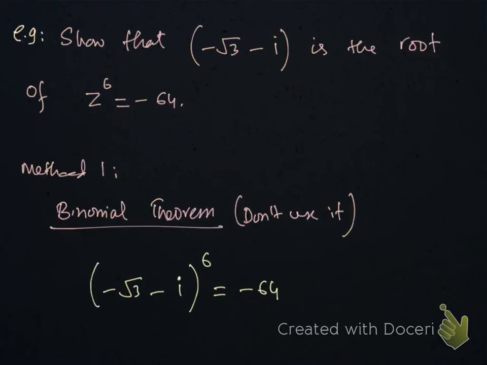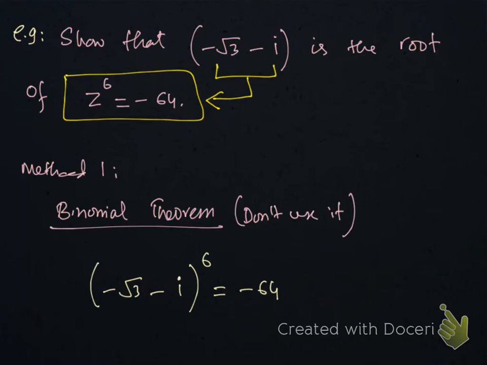Show that minus root 3 minus i is the root of z power 6 minus 64. This is the application of trigonometric polar form. We can show that this is the root of this equation. If we do not use trigonometric polar form, then this question will be very lengthy and will waste our time.